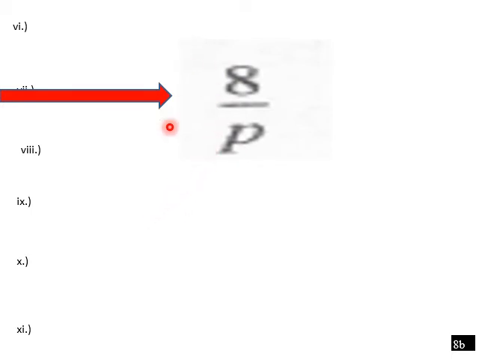I mean, that would be the way that you would interpret that verbal model. It would be a quotient here. With P pieces, so if you have 3 pieces, it'd be 8 over 3. If it was 1 piece, it'd be 8 over 1. 2 pieces would be 8 over 2.